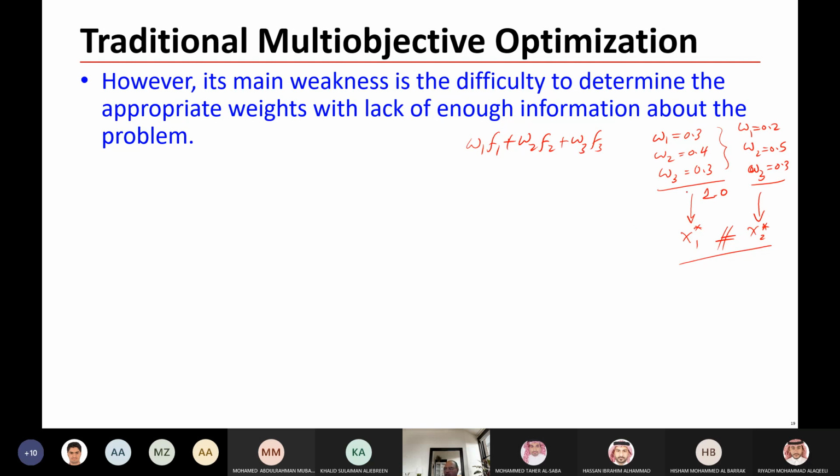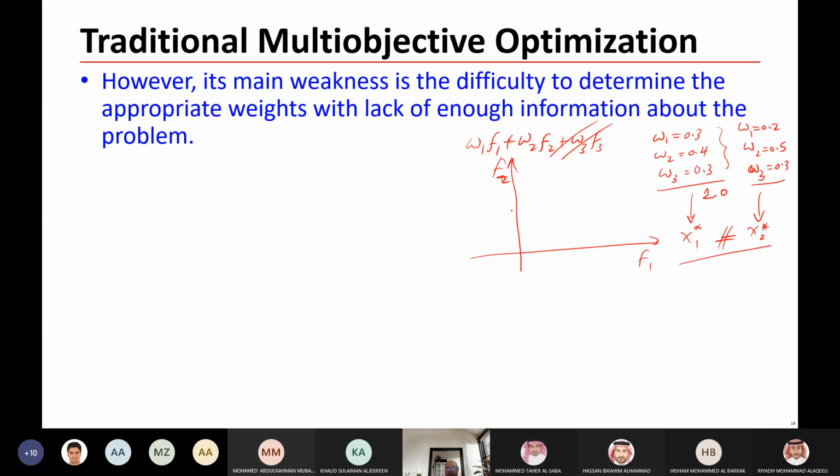You change the weights, you will end up with another solution, and so on. So if you want to create the Pareto front using this method, assume, just for clarification, that we have only J1 and J2, or F1 and F2. This is the first objective, and this is the second objective.